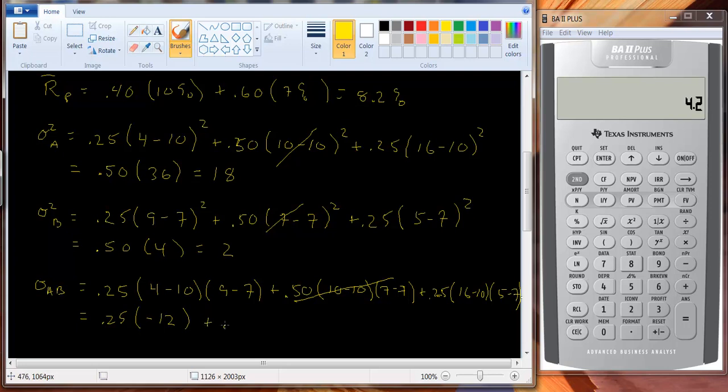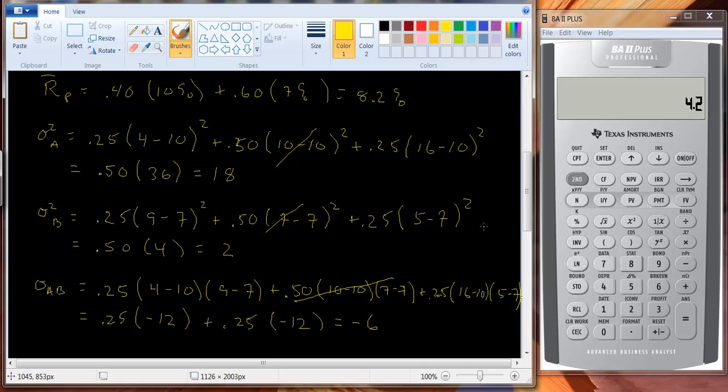And then plus 0.25 times positive 6 times negative 2, which is also minus 12. Minus 12. So what do I have here? I have 0.5 times minus 12. So I have minus 6, I believe.